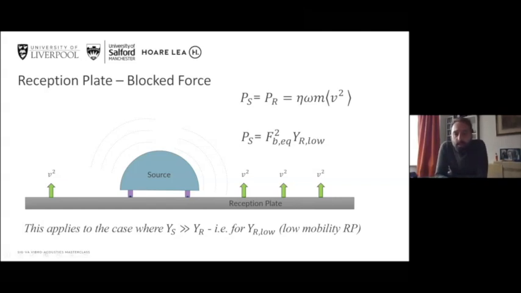If we take the case of a reception plate which has a much lower mobility than the source, i.e. the source mobility is much higher than the reception plate mobility, the equation for power into the reception plate simplifies to this form, where the power transmitted is equal to the block force squared times the mobility of the reception plate. So if we know the mobility of the reception plate and we know the power transmitted, which we can obtain from the measured velocity squared on the reception plate, we can rearrange this equation and find the block force of the source.